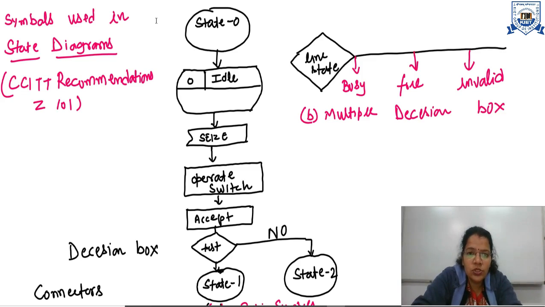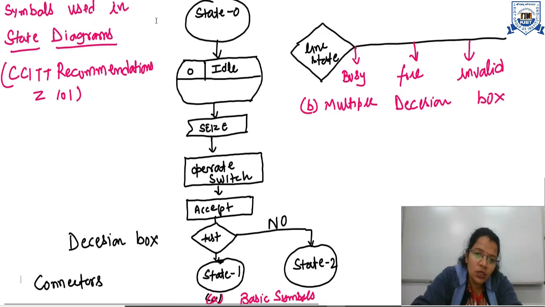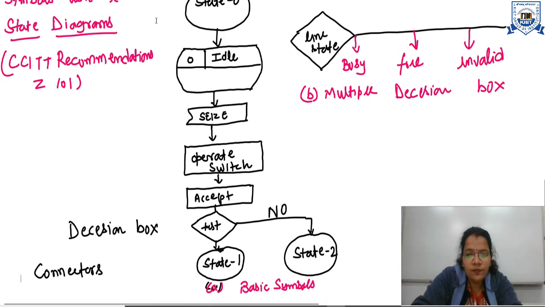Okay, so state 0 shows the idle state, and then for making a local call, it will seize the channel and then operate the switch. If this is free, it will accept. Then there is a decision box for making a call, yes or no. If it wants to go to state 1, then it will go to state 1, and if there is no free channel, then it will go to state 2.